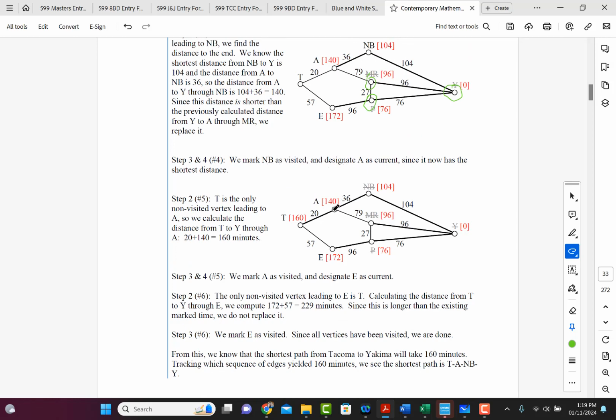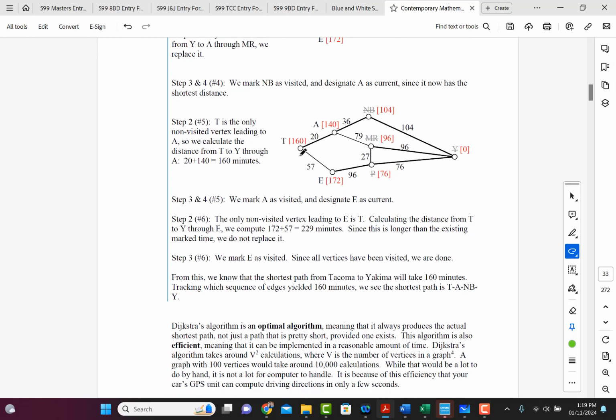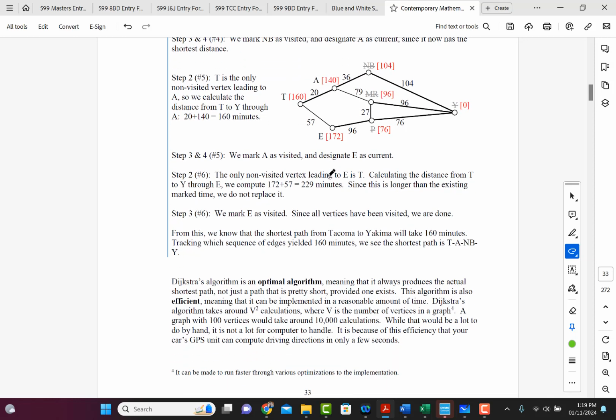So A is current. T is the only vertex, so we got 160. Then we mark A as visited, and then we mark E as current because it's the only non-visited vertex leading to T. Okay, that makes sense.